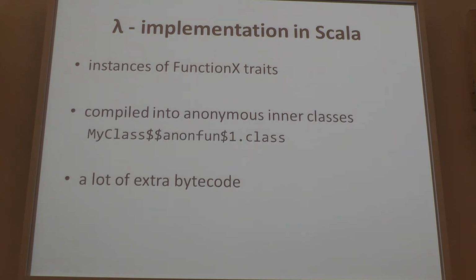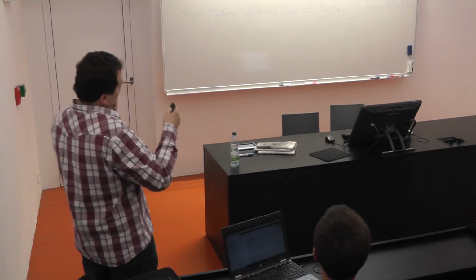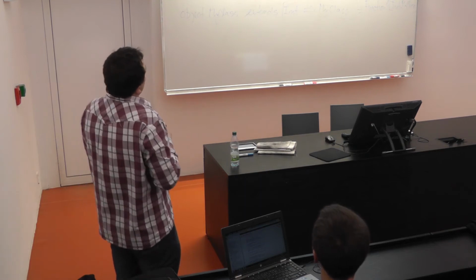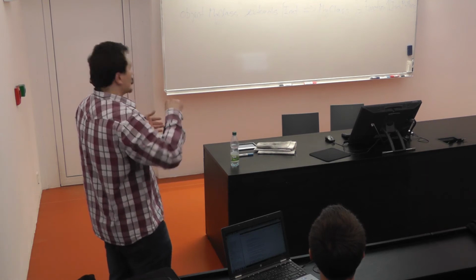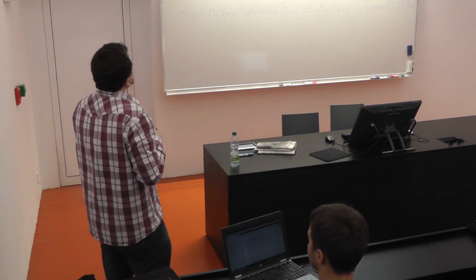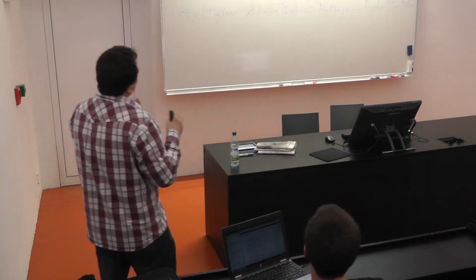For example, if you use the Specs2 testing framework, which is very oriented towards functional programming, you will have a lot of extra bytecode. So from the point of view of the language, everything's okay and perfectly clean, but in the compiled versions of the classes, it's a little bit messy.